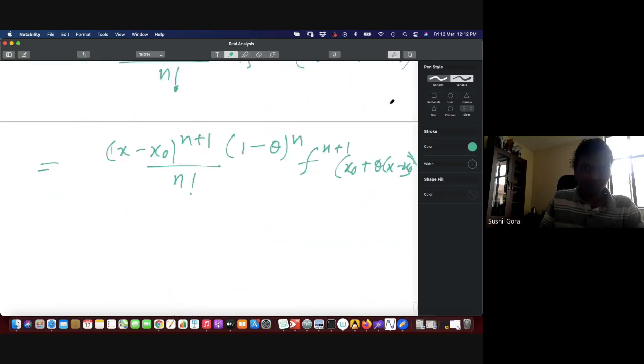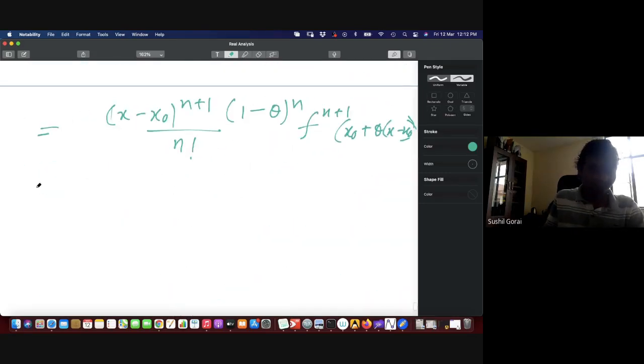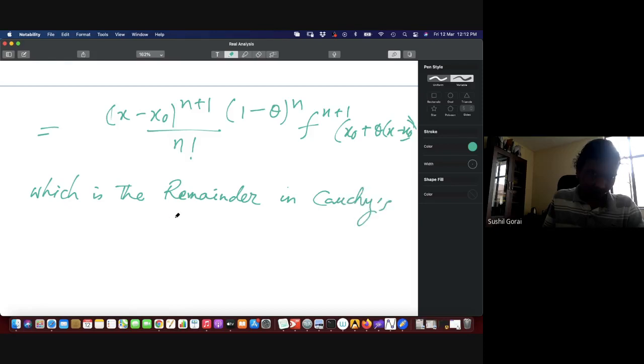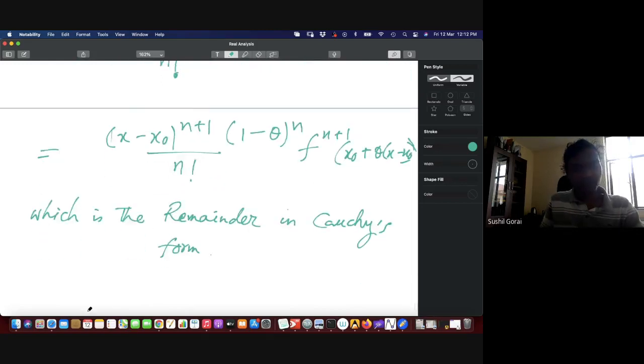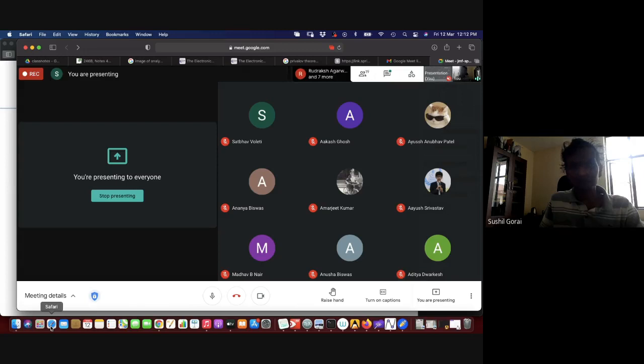Right. So which is the remainder in Cauchy's form. Right, any question here? I'm sorry for the delay, but I think those who have problems already left.